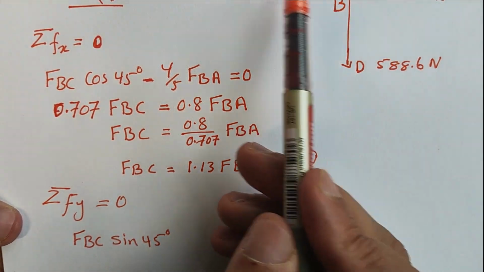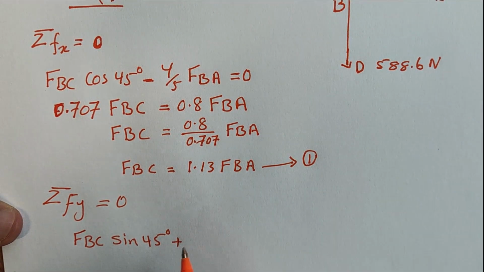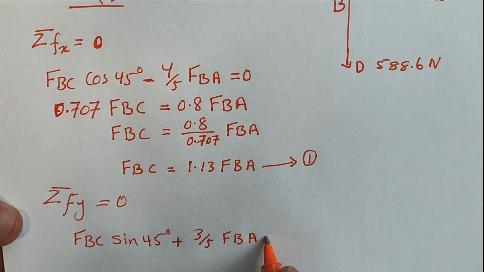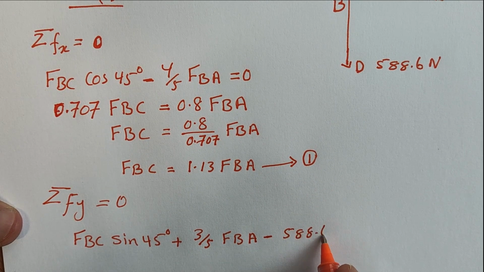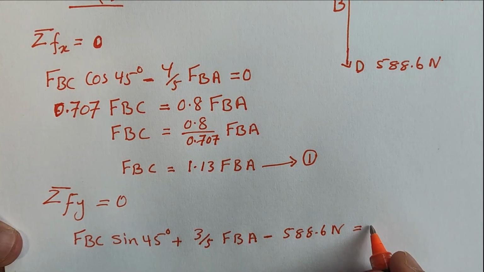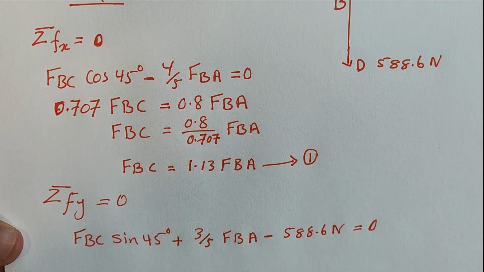On the other side, plus 3/5 FBA, and downwards we have negative 588.6 Newton. All of these should equal 0.